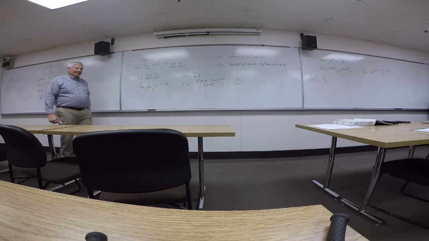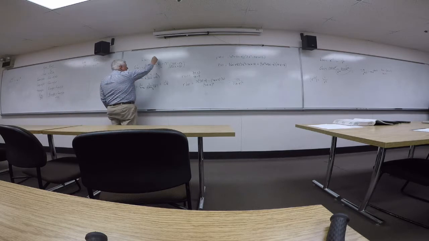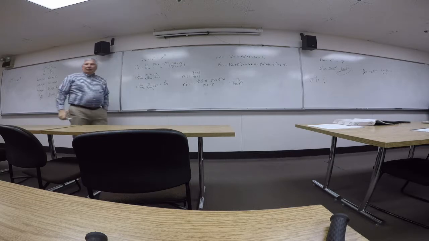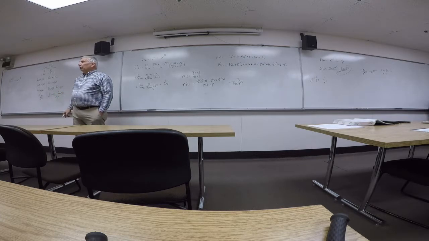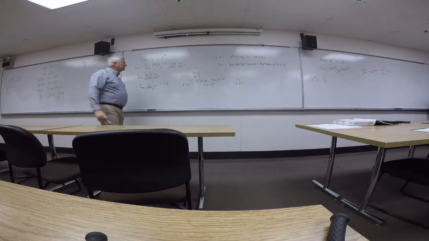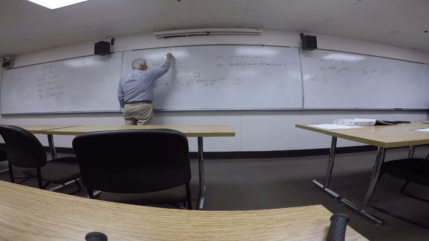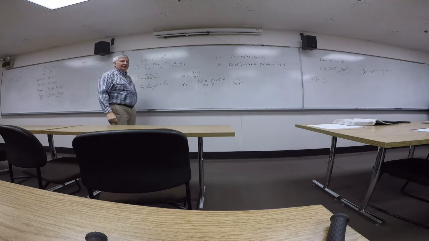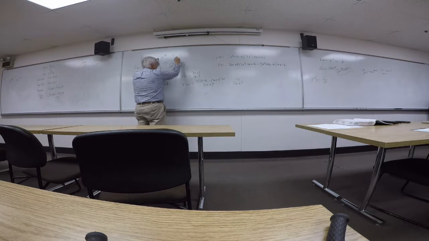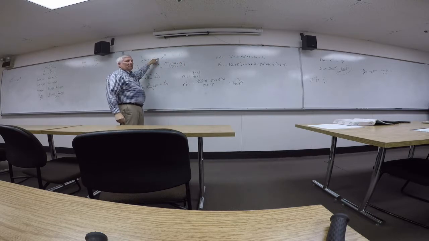But if I write this in exponent form, not radical form, and apply the same rule, it says the derivative of that is the old exponent becomes the new coefficient, and the new exponent is 1 less than the old exponent.